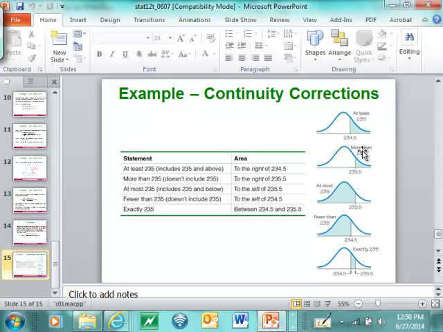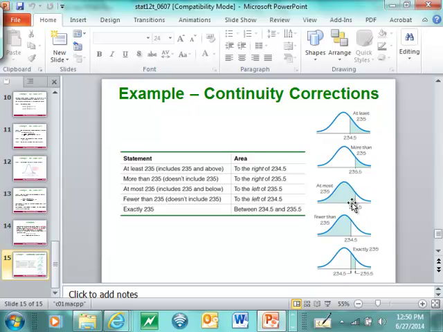But if the event is more than 235, then we will find the area under the curve to the right of 235.5. If we see the words at most, that includes 235. That means less than or equal to 235.